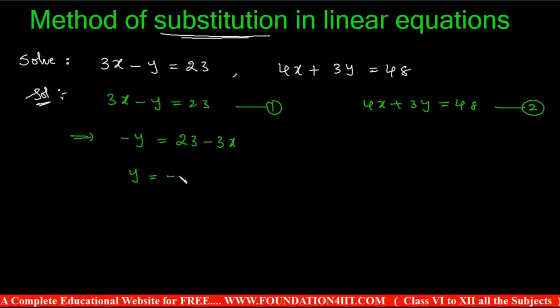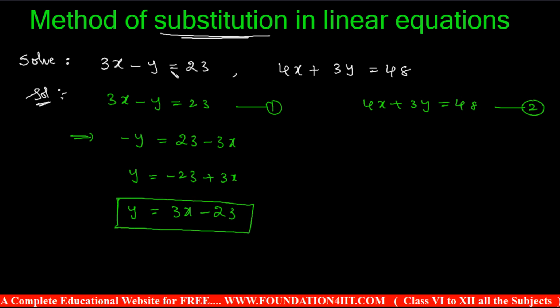It is minus y, so this is minus 23 plus 3x. So finally y is equal to 3x minus 23. This is the value of y. From the equations, just take any one of the equations and find the value of one of the variables. So here y is 3x minus 23.